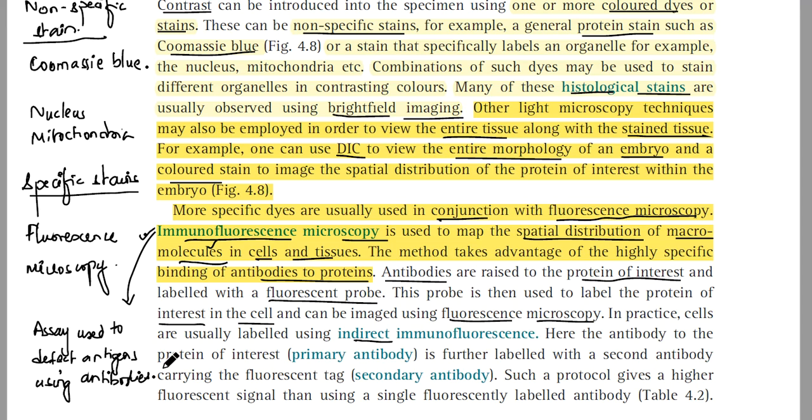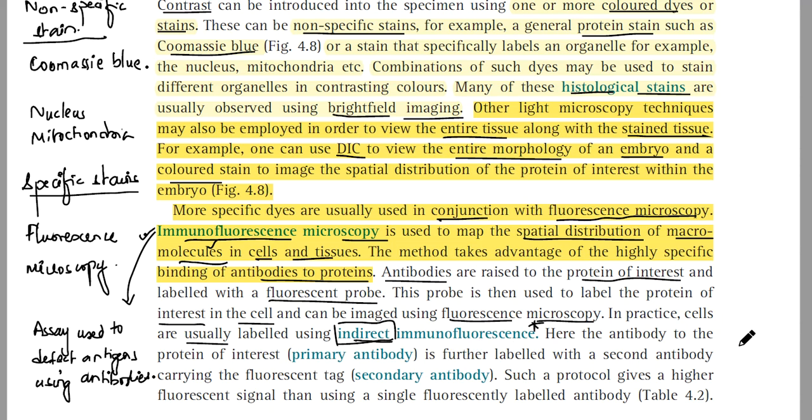And in practice, cells are usually labeled using indirect immunofluorescence. Very important to know that. Now, what happens in indirect immunofluorescence? Here it is a double antibody technique.